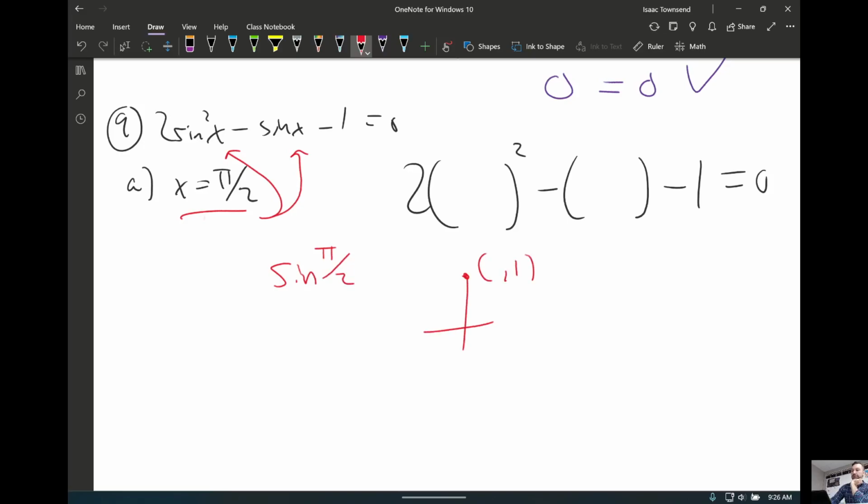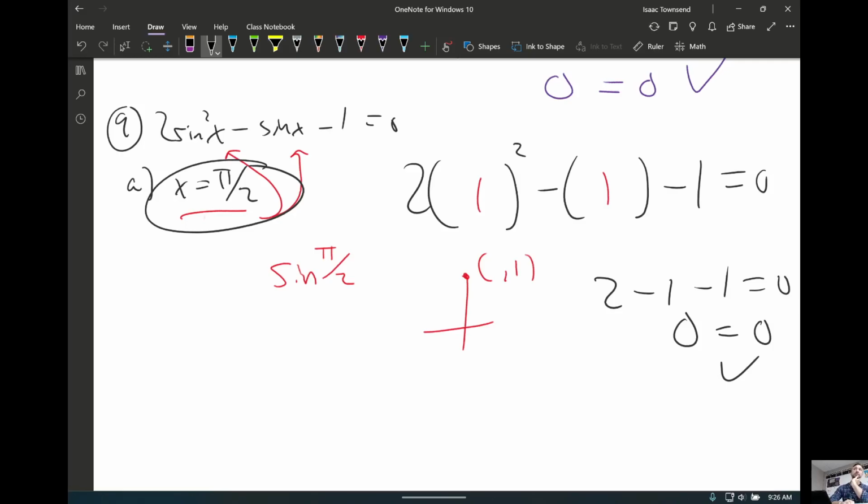Pi over 2, sine is 1. So that's why those become a 1. Square this, multiply it by 2, subtract 1, subtract 1. You get 0 on the left and 0 on the right. So that confirms that pi over 2 is a real solution.